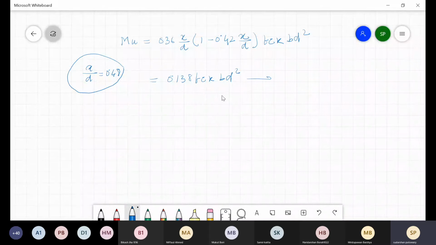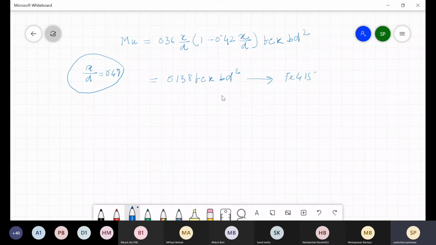Try to remember this formula, because most of the time we are using Fe415. When it is Fe500, then if you put the different x/d value from IS 456, you get 0.133. Otherwise, you can remember the general formula and put the x/d value for different grades of steel. Clear?